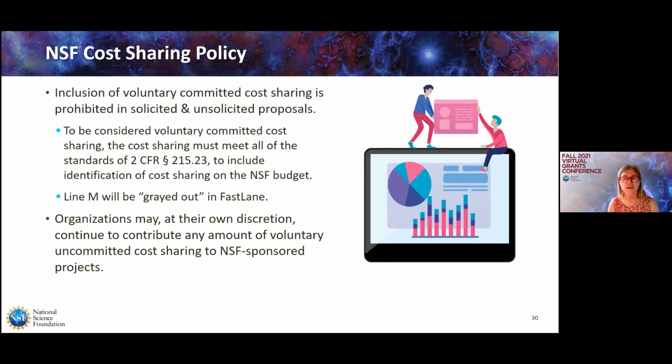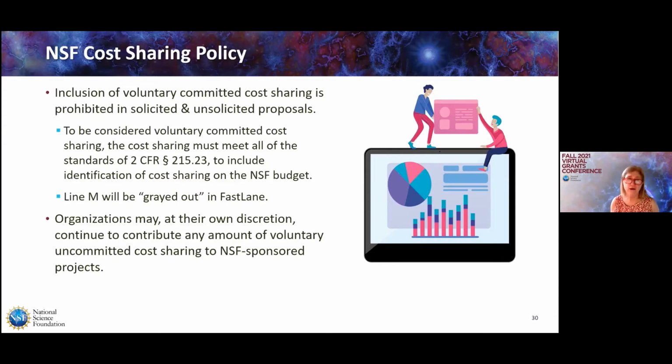Many years ago, there were tremendous numbers of programs at the National Science Foundation that literally required that you cost share. We are down to a whopping 6. So those don't happen all that often, and they do go through a very rigorous review process before we allow them to include that mandatory cost sharing requirement in a solicitation.